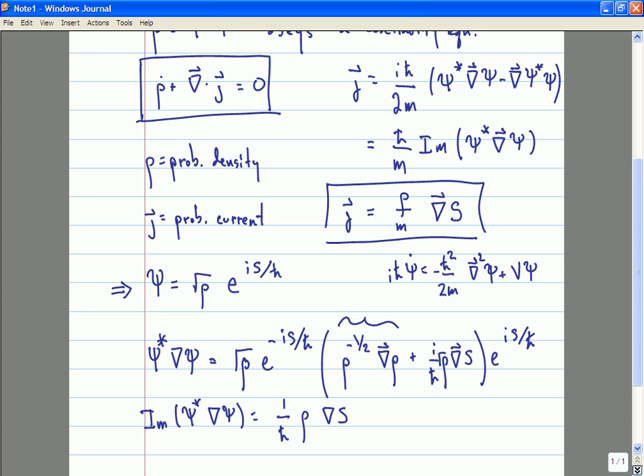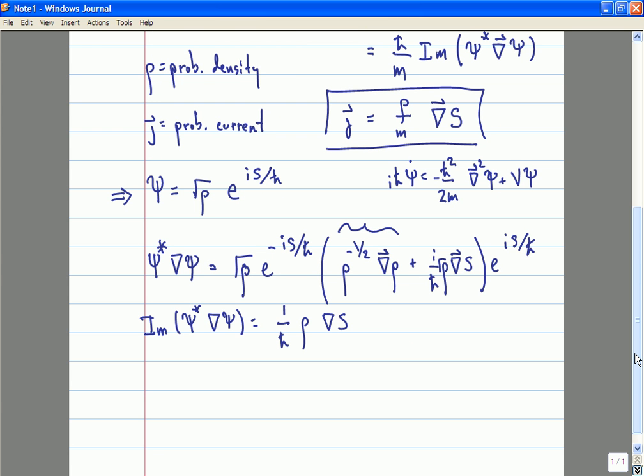So this phase of the wave function is obviously an important quantity. And the question that I would like to ask is, what physically does this phase S represent? In particular, what I would like to understand is, what does this phase S represent in the semiclassical limit where ħ goes to 0?